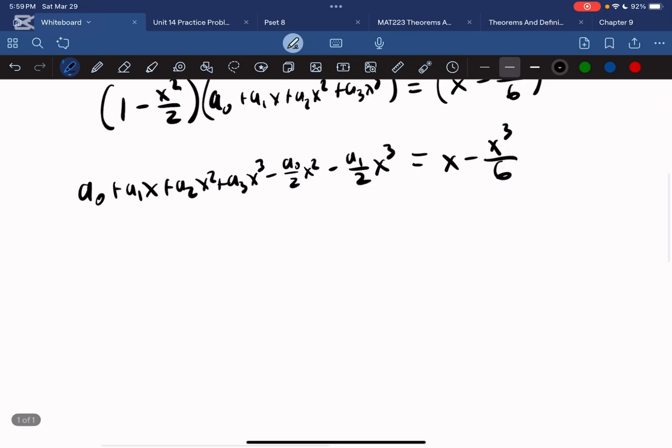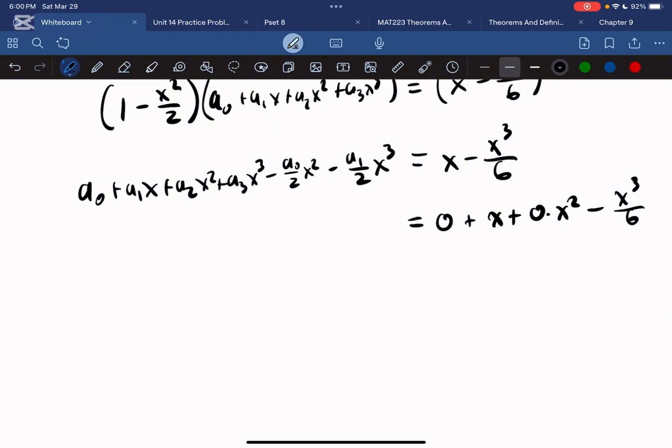And now you might be like, what the hell do we do? But for these polynomials, when we're solving these polynomials, we can write this as 0 plus x plus 0 times x squared minus x cubed over 6, right?